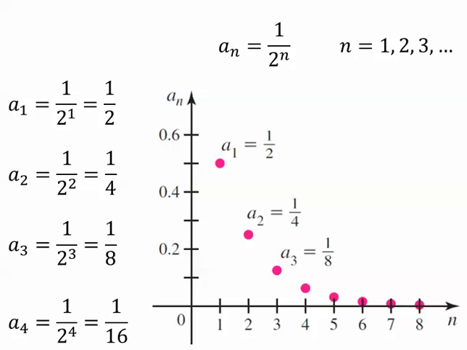Notice if we graph this sequence, we can see geometrically that the sequence is getting closer and closer to the n-axis, and that's in keeping with it looking like the sequence is getting closer and closer to 0.